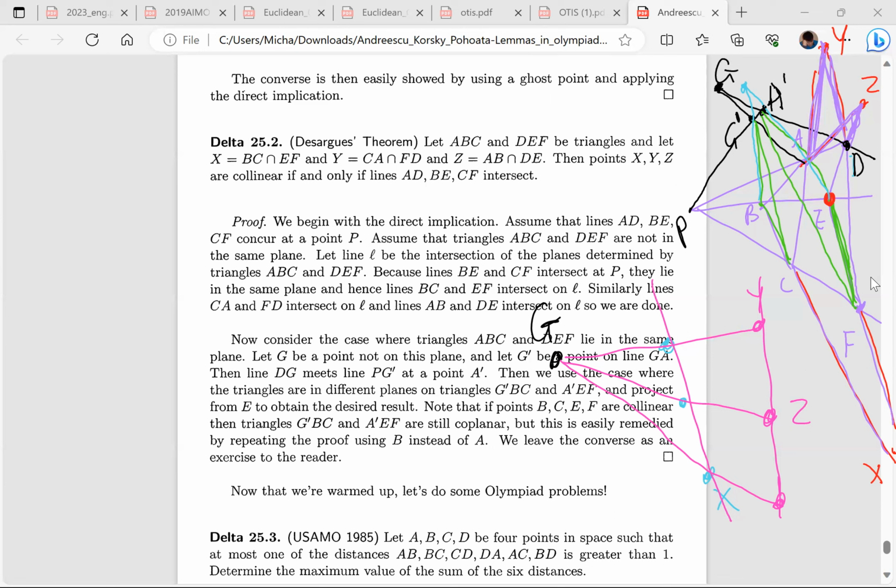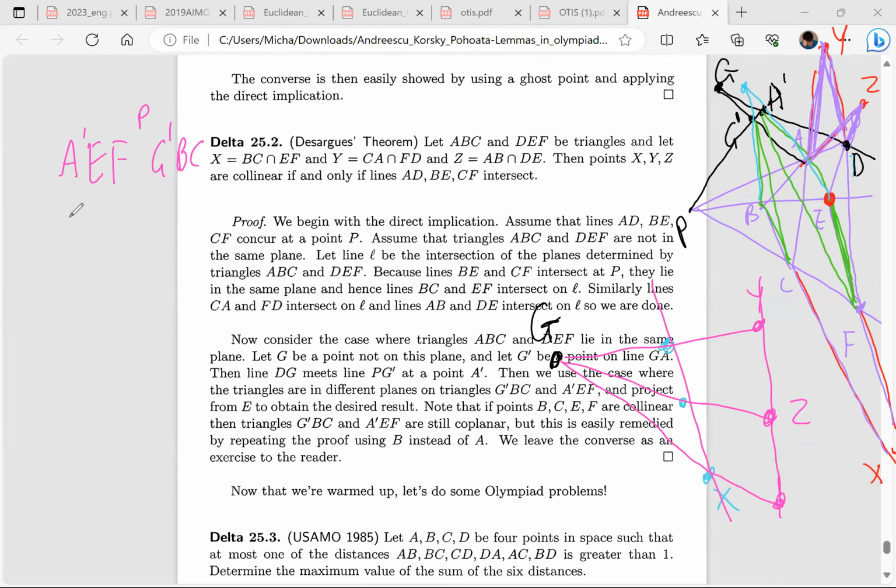The triangles in question are A prime EF together with G prime BC, as it says in the book.